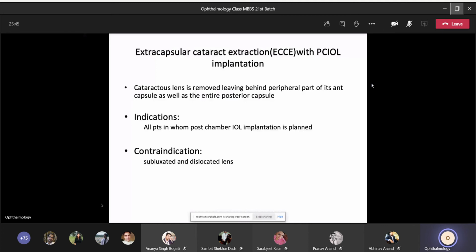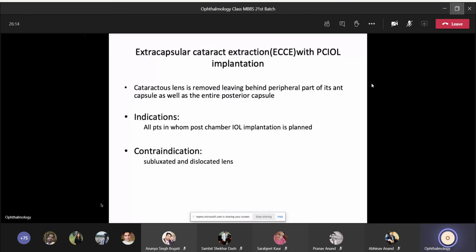But with advances in surgical technique, even in subluxated lens, we can use the technique of extracapsular cataract extraction nowadays.